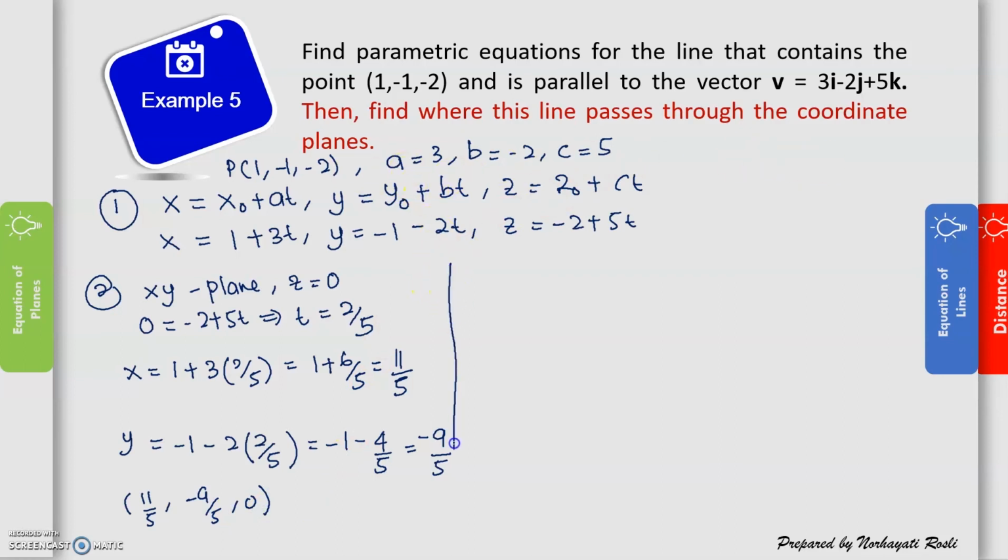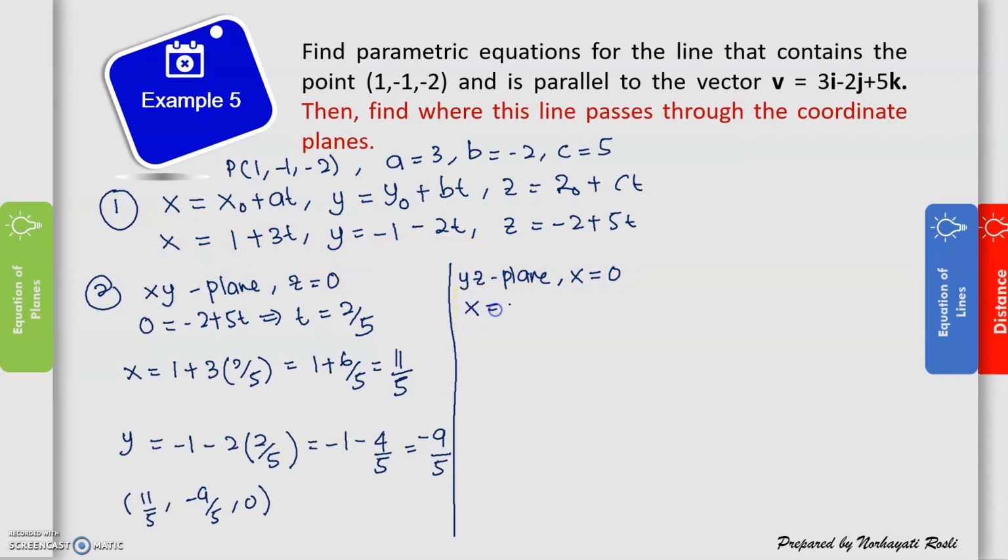And then for number 2, we need to check the yz plane. In this case, our x is now equal to 0. When x equal to 0, we repeat the same thing, but here we substitute x equal to 0 in the x equation to get our value of t.